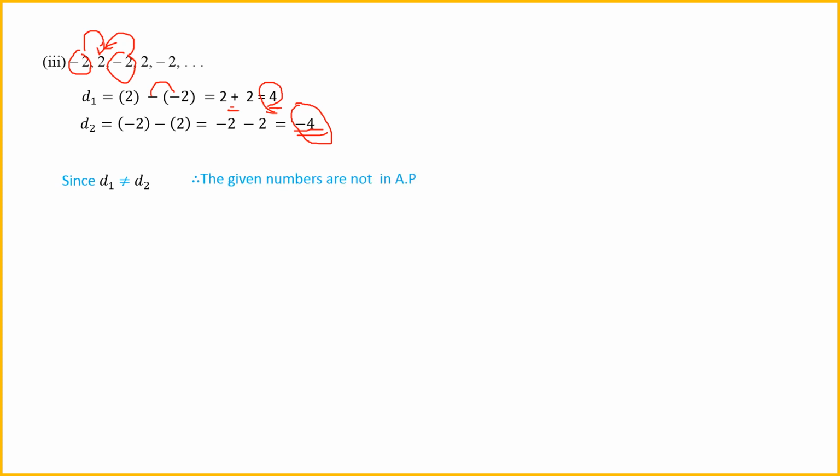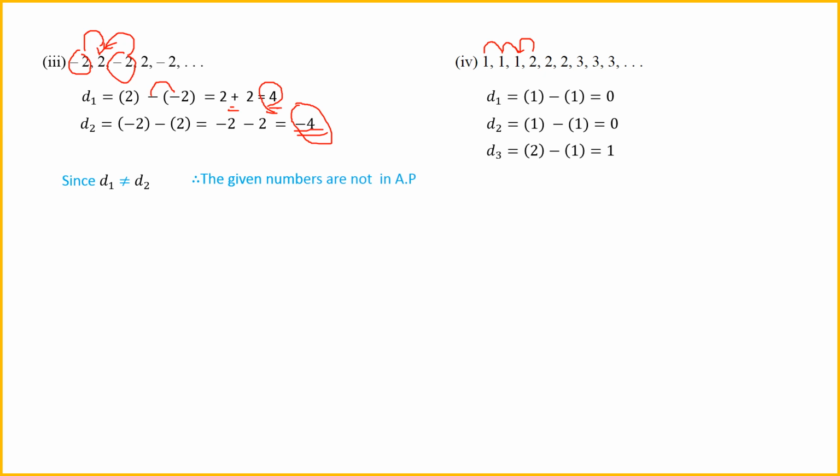Coming to the fourth question, 1, 1, 1, 2, 2, 2, 3, 3, 3. Yes, it is not in arithmetic progression. The difference between the first two numbers and the next two are 0, but the difference between the fourth and third is 1. So d1 is 0, d2 is 0, but d3 is 1, where d2 and d3 are not equal.